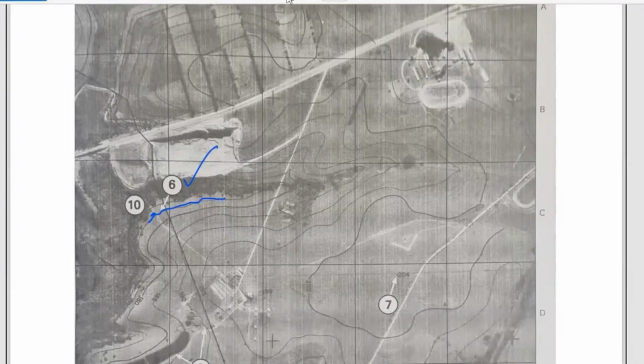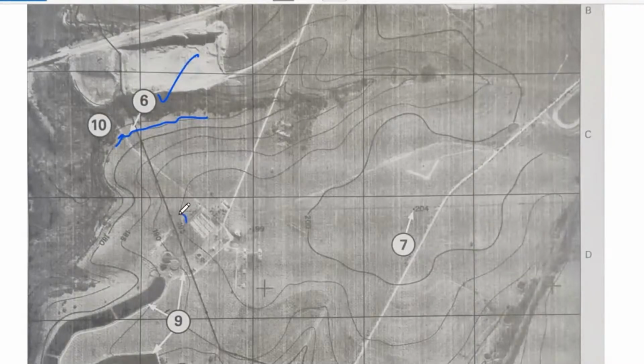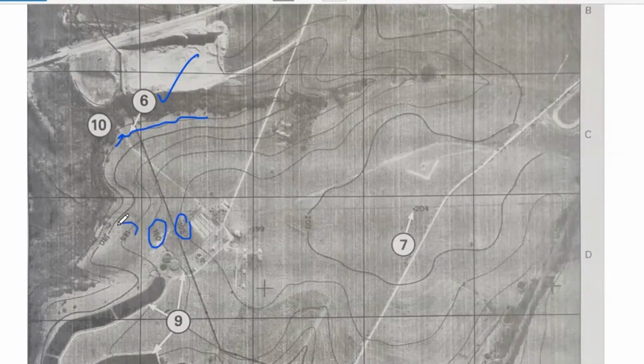If we check closely, I'll try to enlarge the map. This is 195, and this is 190, and this is 185, and this is 180.